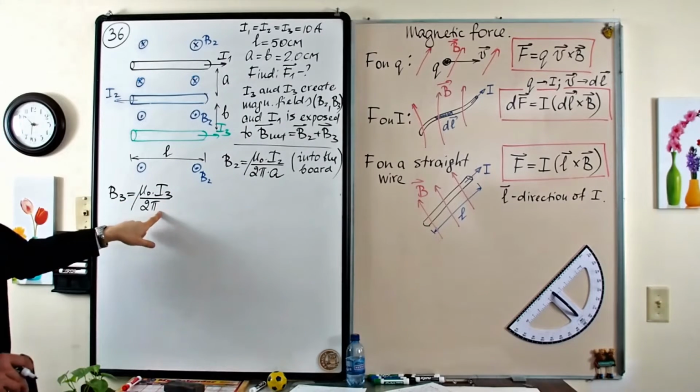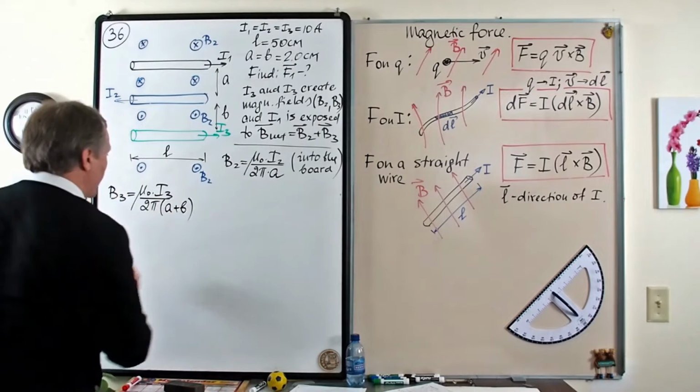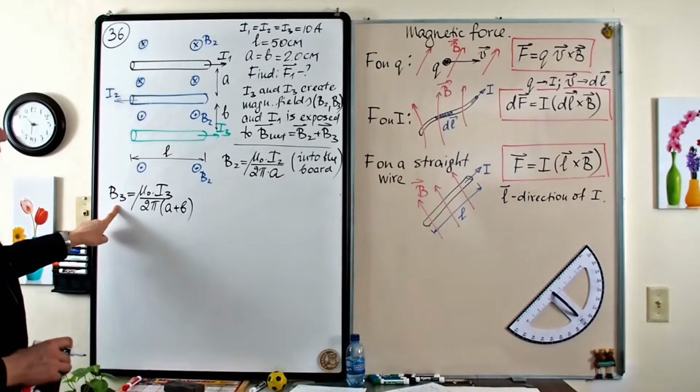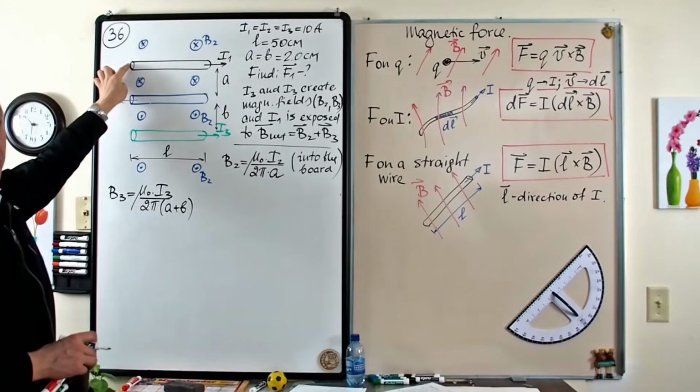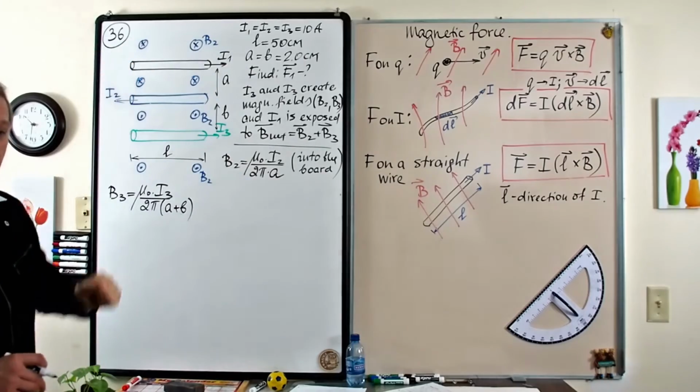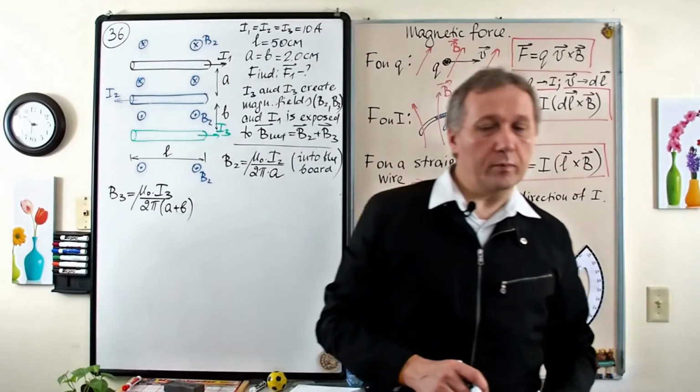So over here I have to write 2 pi (a plus b). So that's the magnetic field strength B3 at the place where the wire I1 is, because that's where we want to find the net magnetic field, so that we can find the net force acting on the wire I1.